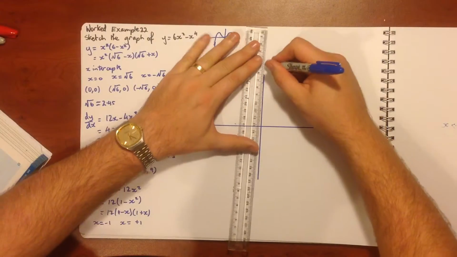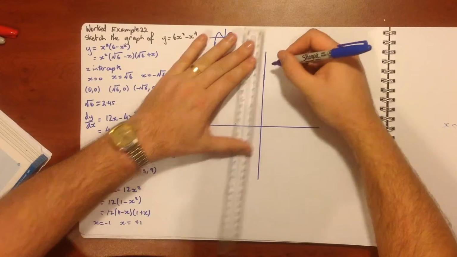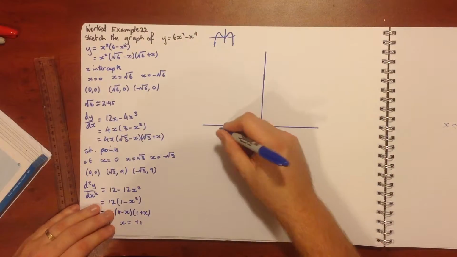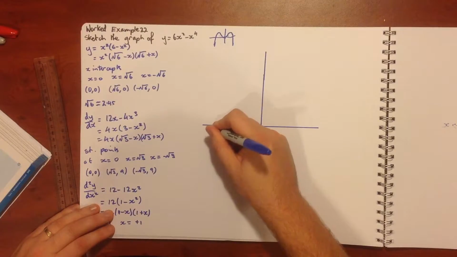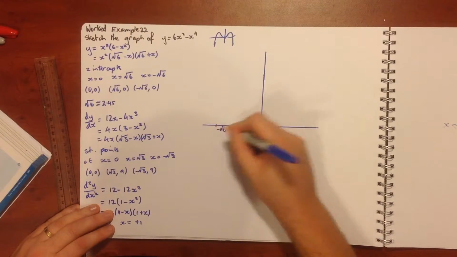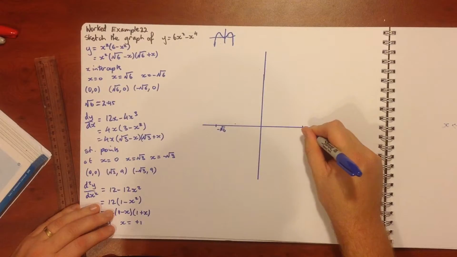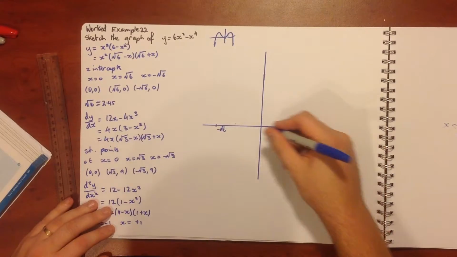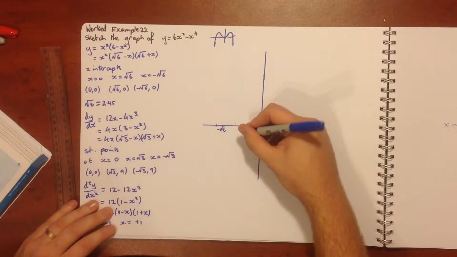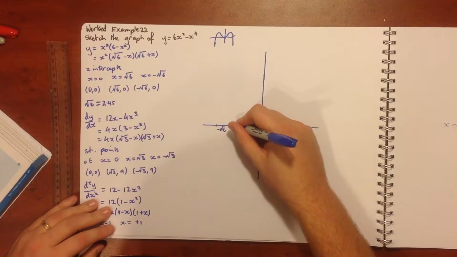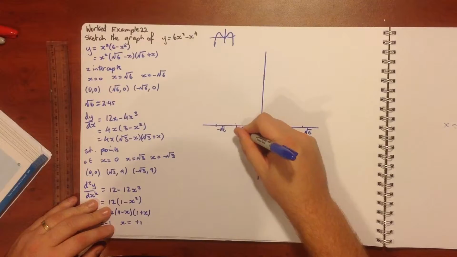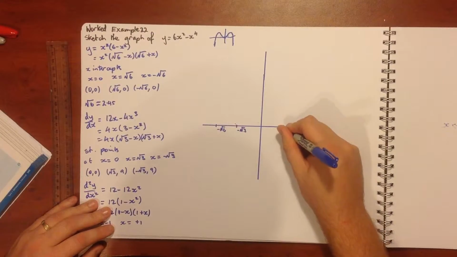Might make this one a little bit longer. We know we go through negative root 6 and positive root 6. We know we've got a stationary point at negative root 3 and a stationary point at root 3.